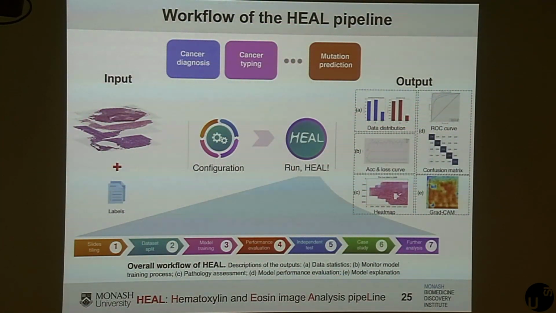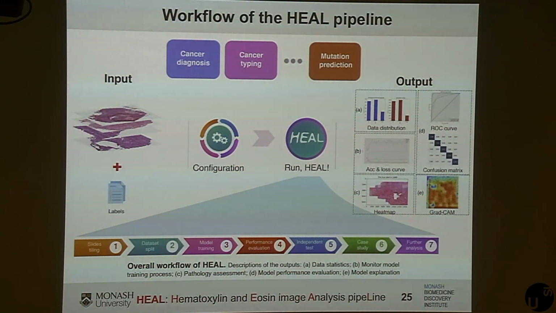So we are very interested in making available an automated pipeline that can fully automate the whole histopathological data analysis across all the major human tumor types. So we named this software HEAL, hematoxylin and eosin image analysis pipeline.